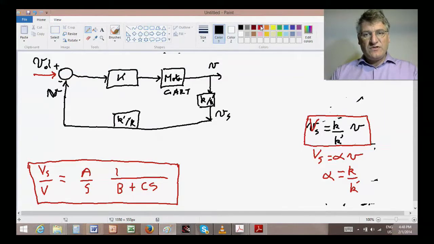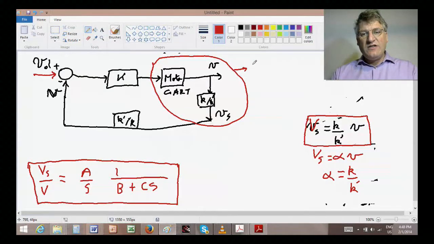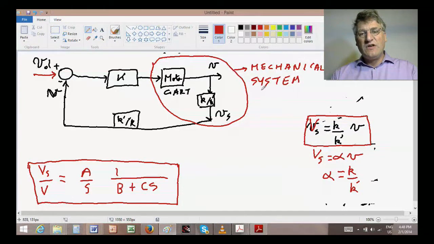So the area I circle in red is the mechanical system. And it is often called the plant.